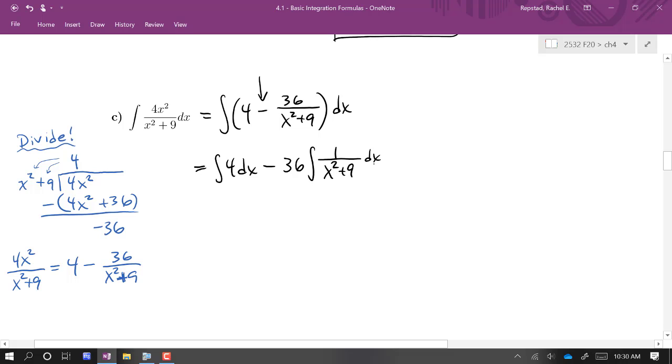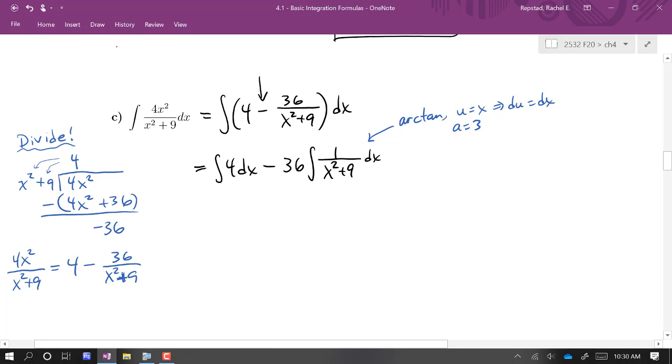We know the integral of 4, right? That's just 4x. And then this second integral here should look familiar. It's the one we did in part A. This is an arctan form where u is equal to x, so du is dx, and a is equal to 3.